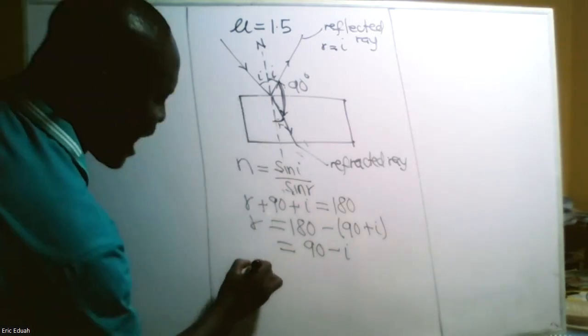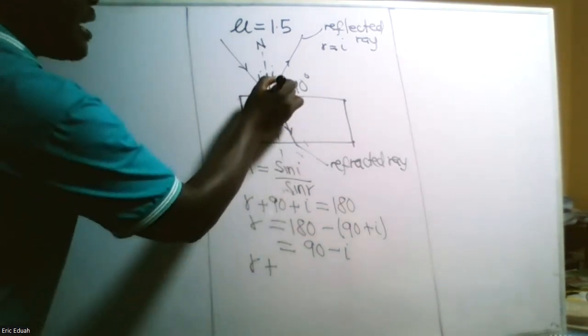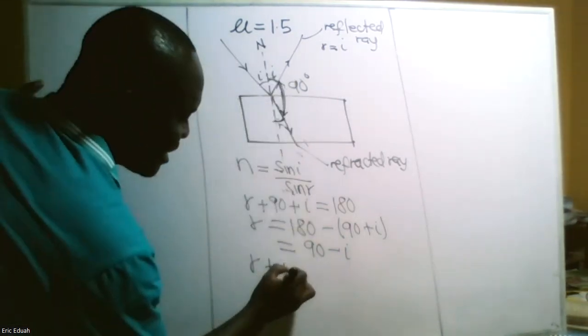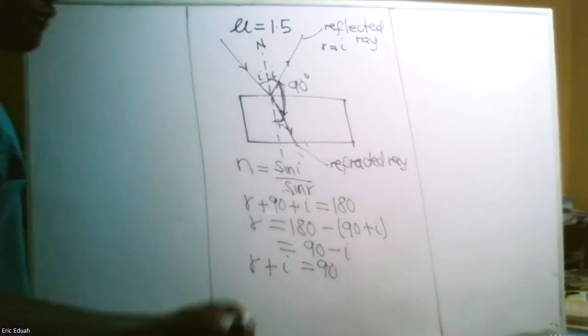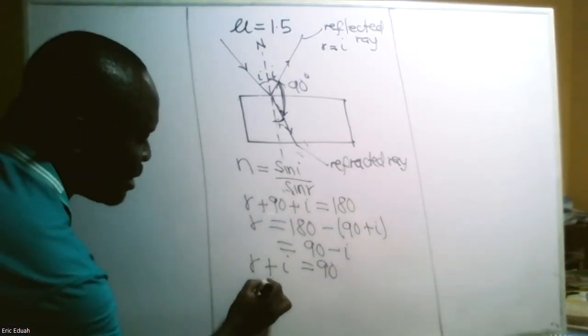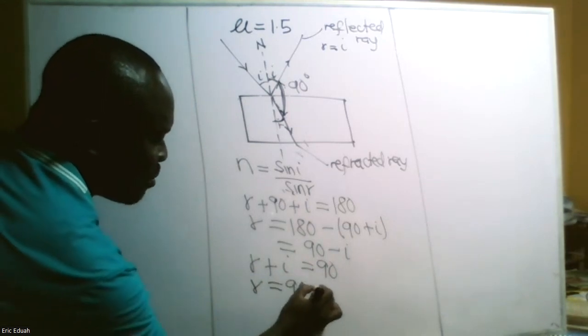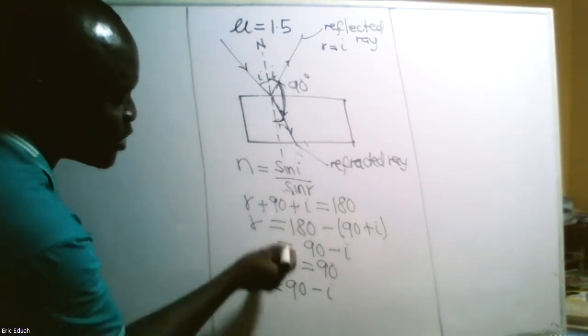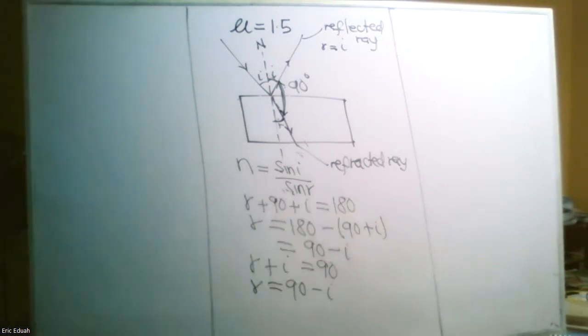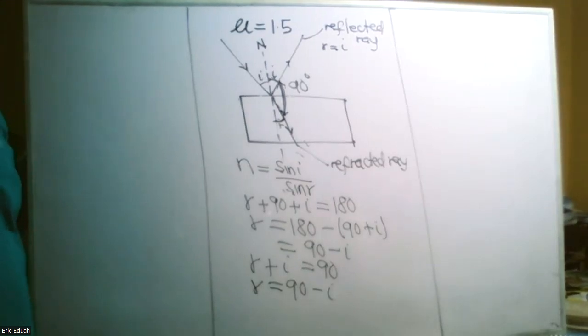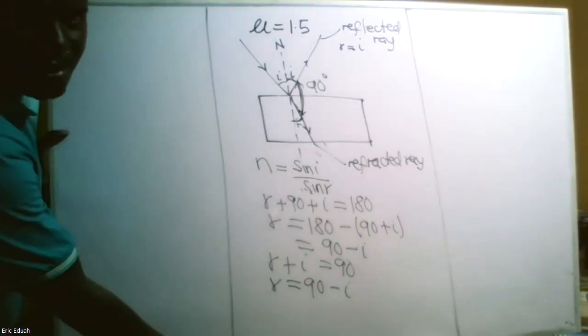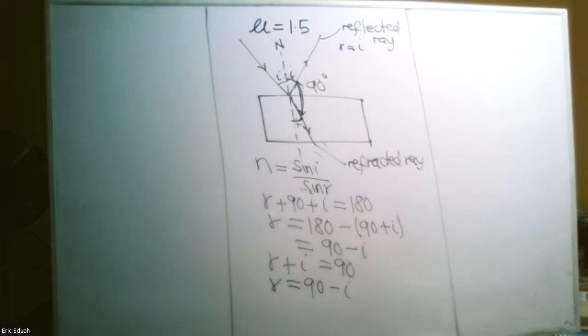So if R plus I is equal to 90, and I'm looking for R, I just would have to make R the subject, 90 minus I, which gives me the same results as when I've gone through this whole one. Are we fine? Yes, please. Thank you. All right. So, Eliana, Efua, Mary, are you fine?